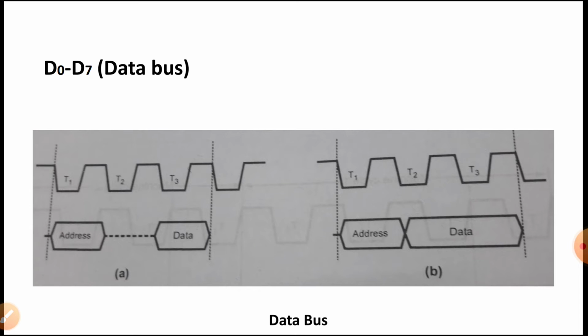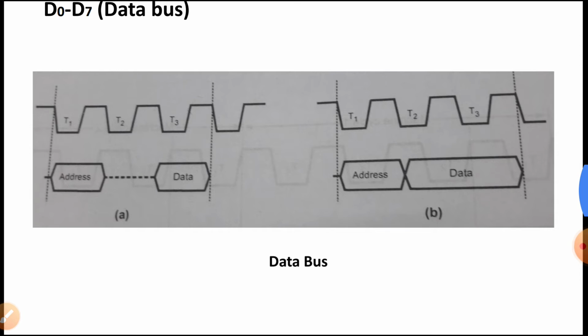In the case of the write cycle, data is available in the register of the microprocessor, and it can be put on the data bus with zero access time, because memory and input output devices are a little bit slower than the 8085. So whenever we do a write operation, the data from the processor is immediately available on the data bus, but for a memory read or input output read operation, a certain access time is required to get the data from the memory or the input device onto the data bus.